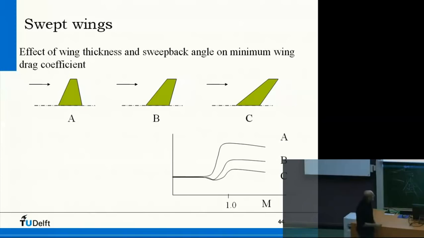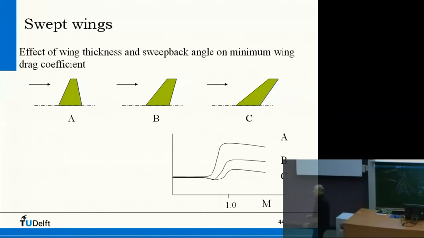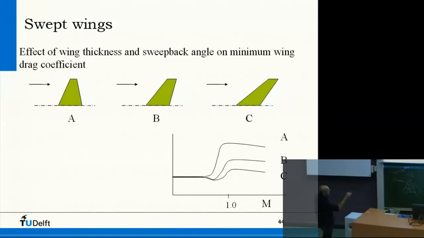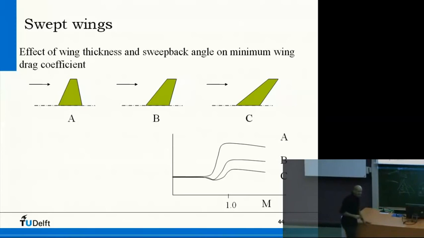Now if we look at this 9% thick airfoil, put it in different aspect ratio wings, then we see this. Here, this is A, we see still this drag divergence, because there's not so much sweep. Here is moderate sweep and here is more sweep.